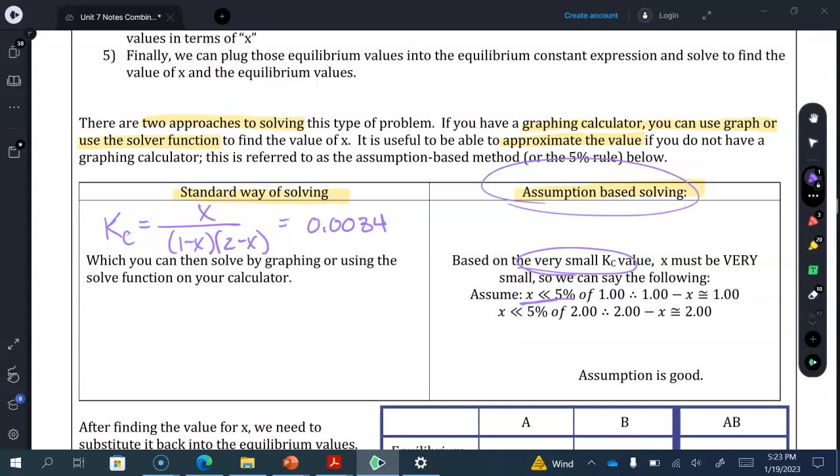If we rearrange this to set it equal to 0, or if you have a solver, you can just enter this into your solver on your calculator.